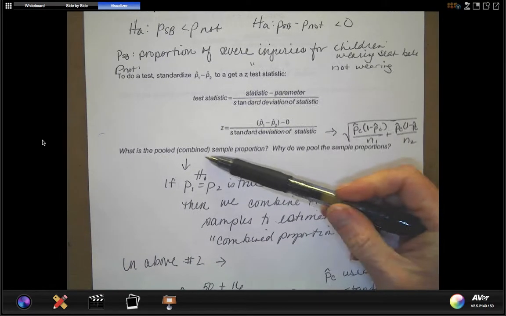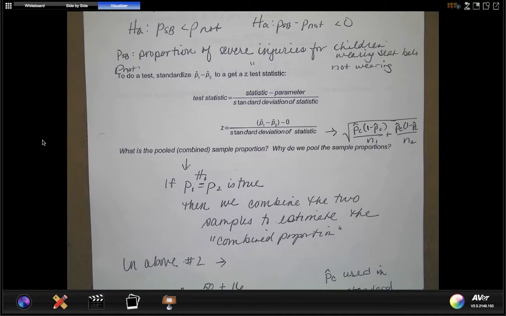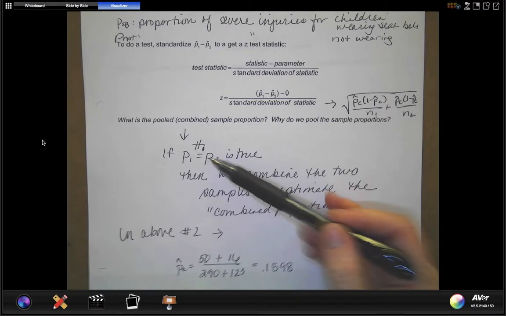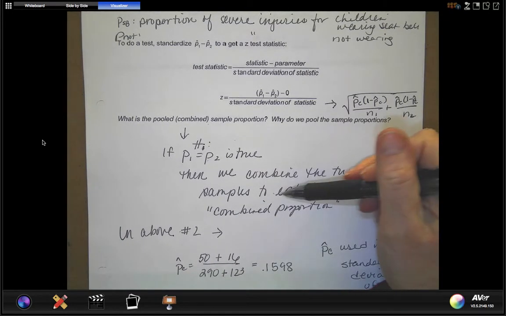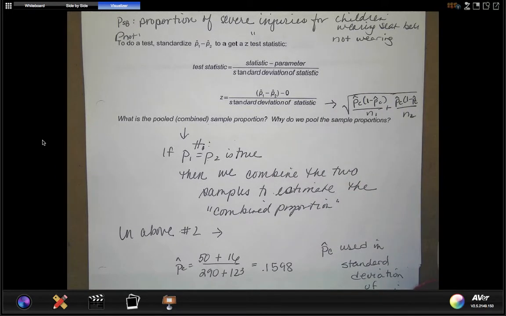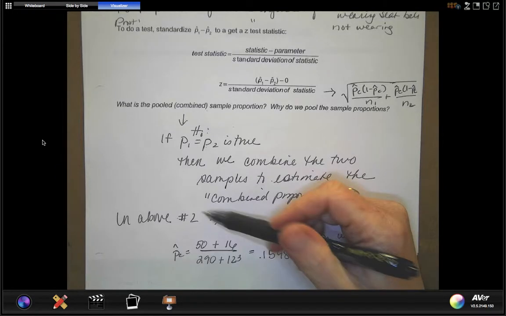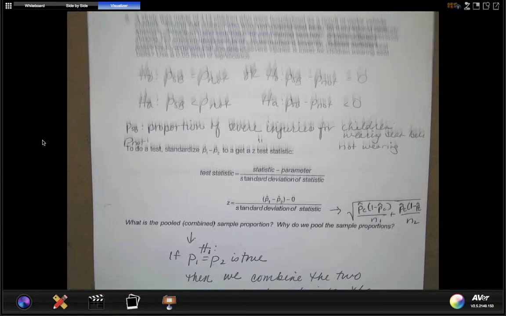And again, that pooled sample proportion is if we think that the null hypothesis is true. So if p1 equal to p2 is true, then we should just combine the two proportions and put them together to make one. So I have, using the above example here, that p hat c.